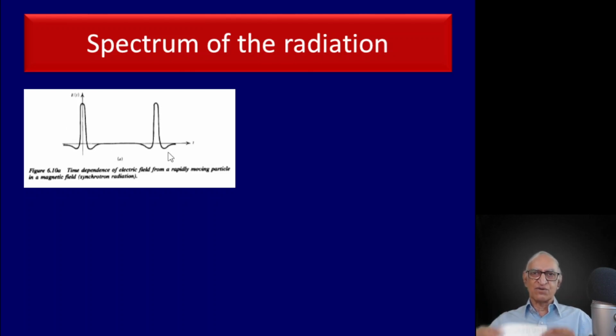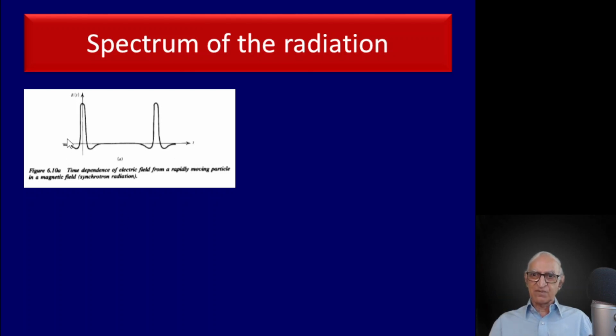Because I'm now looking at an electron which is relativistic, going around in a circular orbit. And because the intensity is beamed in the forward direction, the square root of that intensity will be the electric field. Remember, the intensity is proportional to E squared, H squared. Poynting flux is E cross H, which is proportional to E squared or H squared. Therefore, the electric field will be highly intense compared to the non-relativistic case.